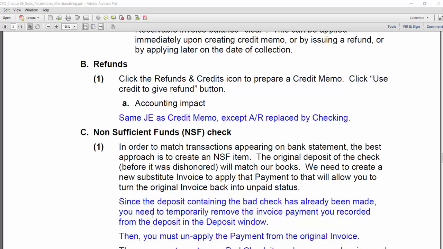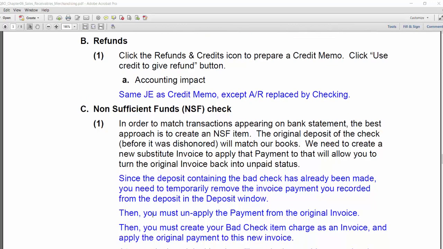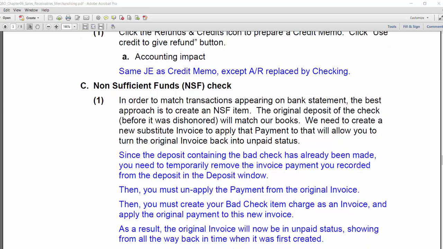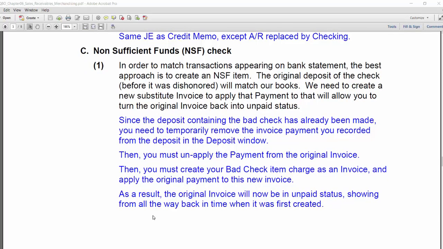And then you have to create a bad check item charge as an invoice and take that original payment and apply it to the bad check item charge. What that does is that frees up your original invoice to look as though it has never been paid, and then the aging and everything connected with that will still follow through and it'll show as being very overdue.